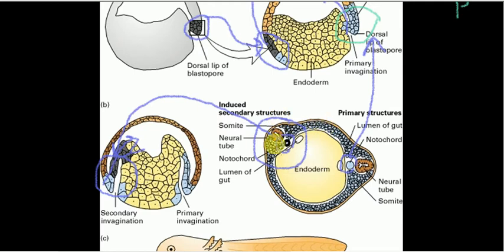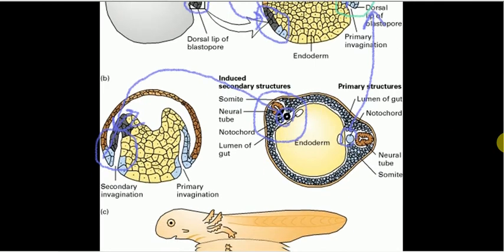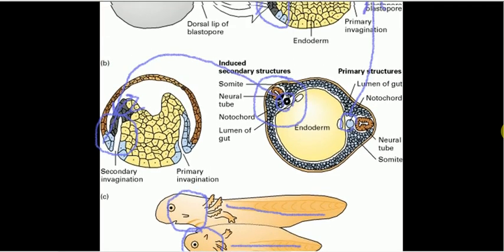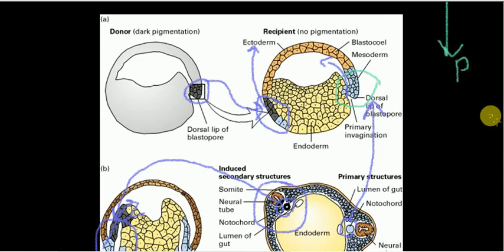When this embryo develops, it would contain two axes and two heads. This is called a conjoined twin. So this experiment provides a significant clue about the property of the dorsal lip of the blastopore.